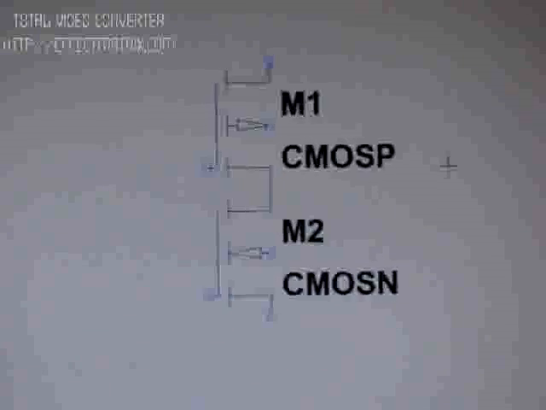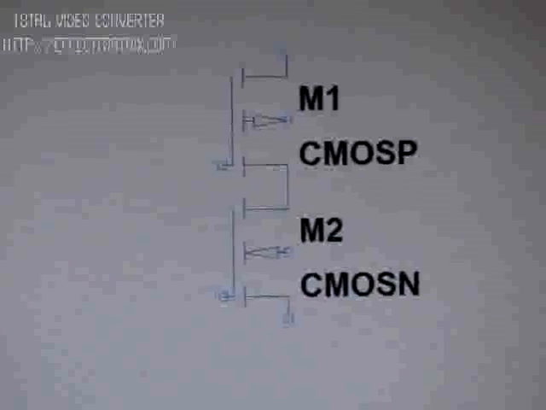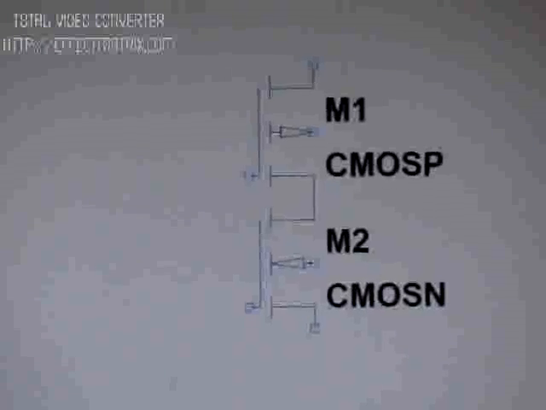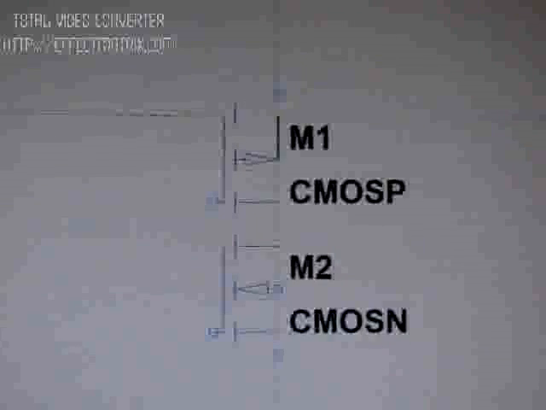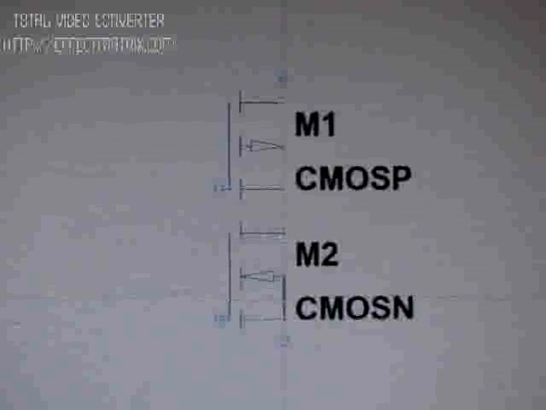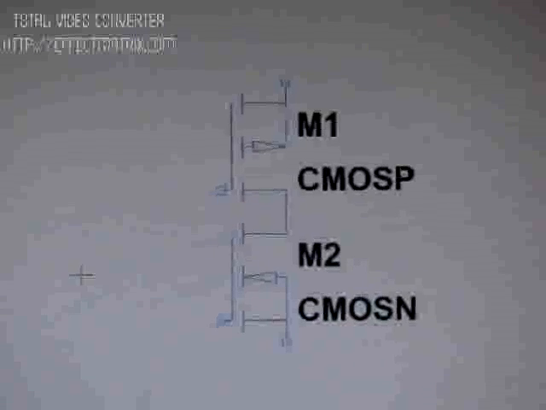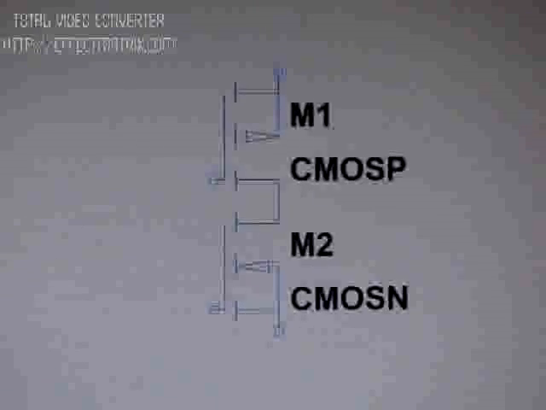So basically we need an NMOS circuit and a PMOS circuit for designing an inverter. Now drawing a line, PMOS should be connected to VCC and NMOS should be connected to ground. So this is a basic thing which we learn in VLSI.